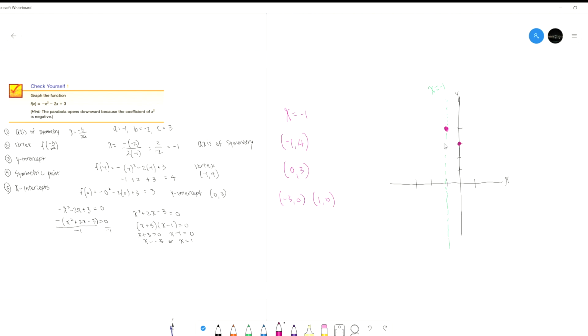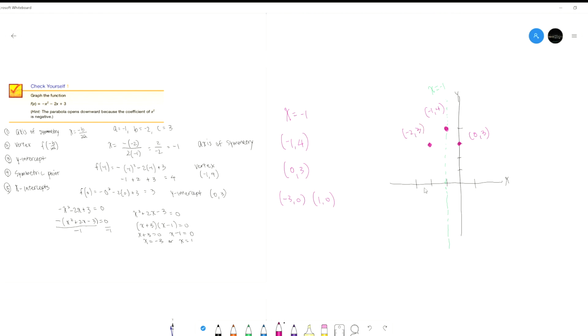And the point symmetric is 1 unit away from the axis of symmetry, right? 1 unit to the left would be the point symmetric. Okay, so I'm going to just label this. This is the vertex, -1, 4. Y-intercept is 0, 3. So the point symmetric is 1 unit to the left of the axis of symmetry, so that's -2 with the same y, 3.